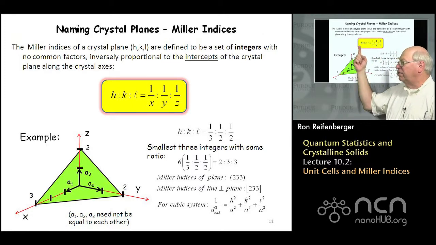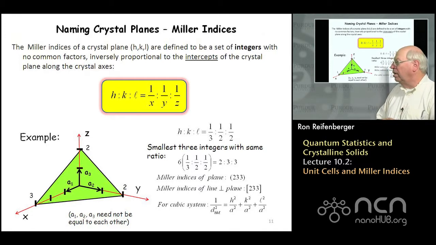And these Miller indices are just three numbers, h, k, and l. And the ratio of these numbers, h, k, and l, equals the ratio of the intercepts of a particular plane with respect to the crystallographic directions defined by the unit cell.